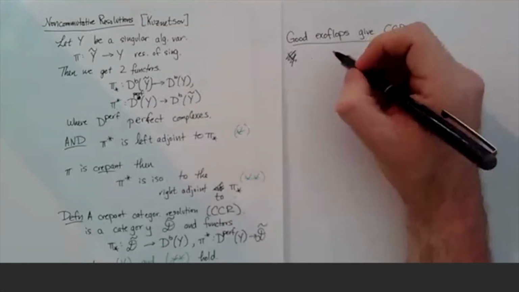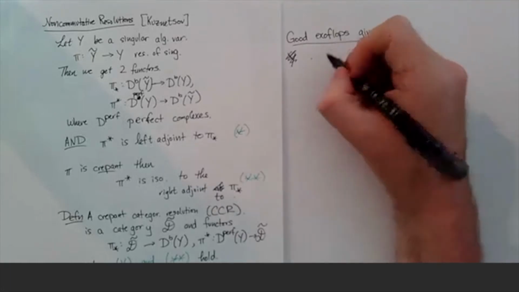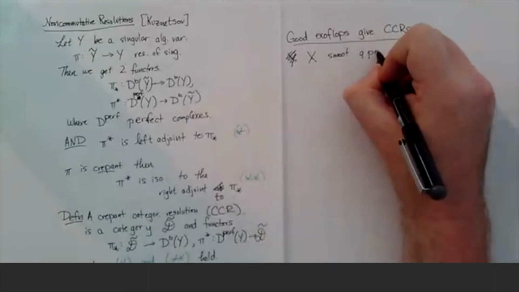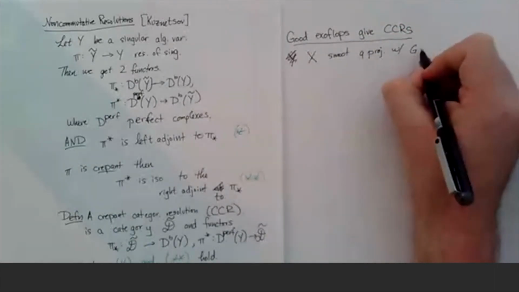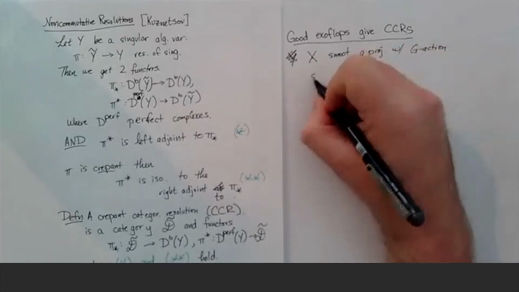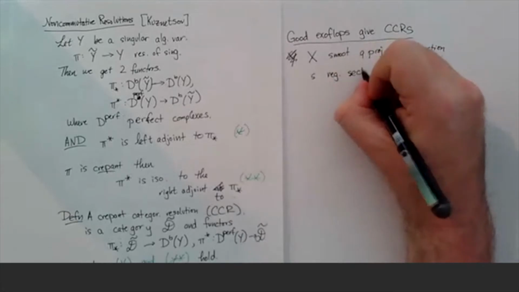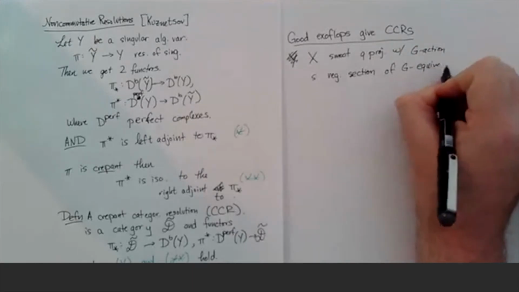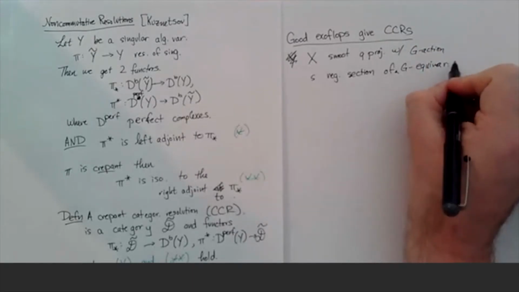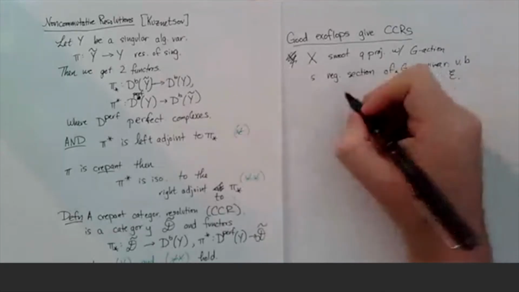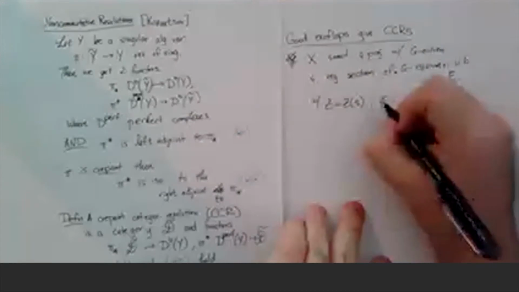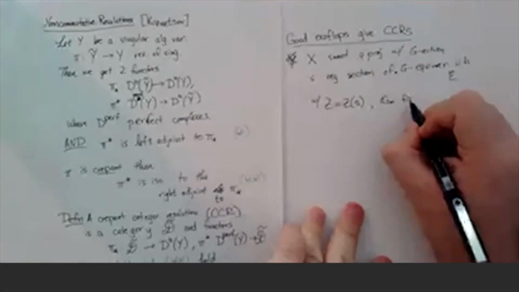Okay, so maybe I should use X now. So suppose I have X, which is a smooth quasi-projective with a G action. And I have some S, a regular section of a G equivariant vector bundle, say E. And then Z is just the zero set of S. And then I take this R charge that's just the G_m that acts by fiber-wise dilation.